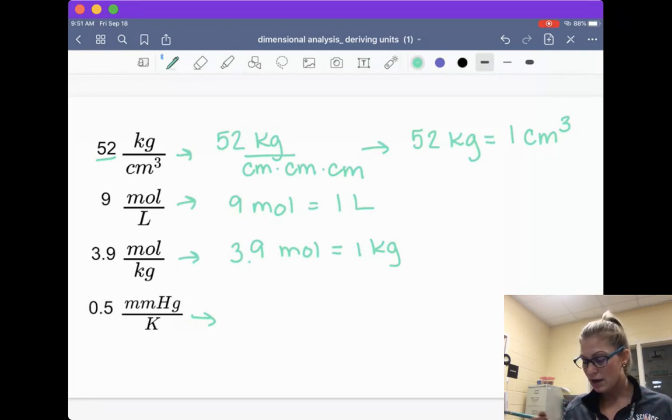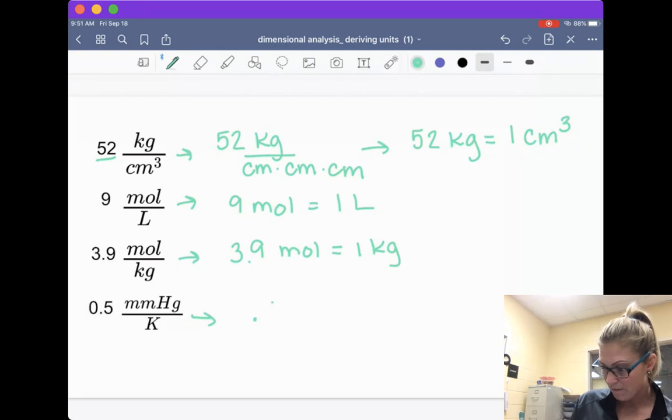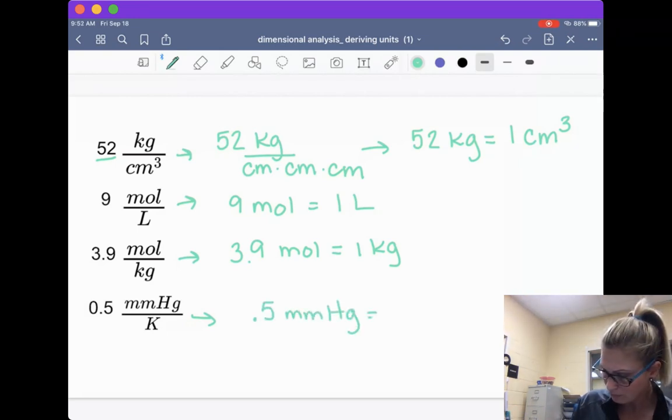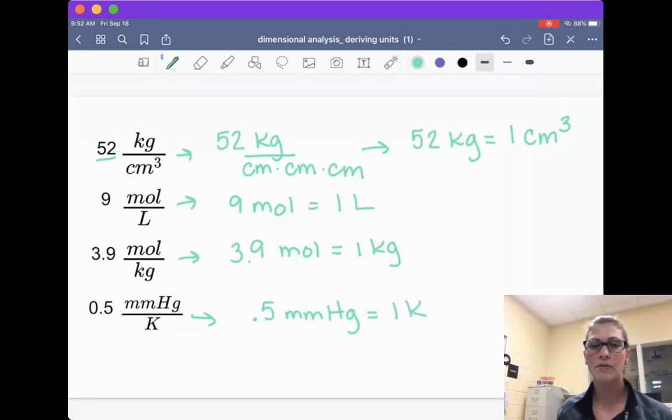So here for this particular situation, we have 0.5 millimeters of mercury for every 1 degree Kelvin. This tells us a lot, because if we have a specific temperature, we can figure out what the air pressure would be. Again, another prediction. So deriving units and creating these two-dimensional number models allows us to make predictions based off of the equalities they represent.